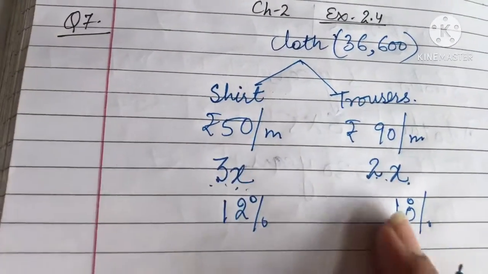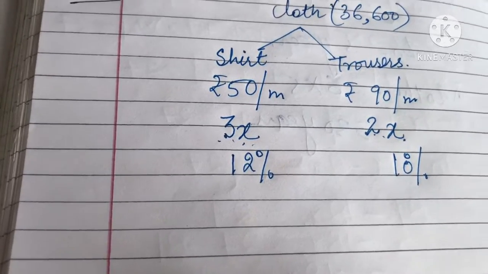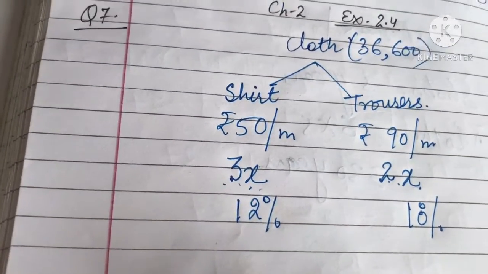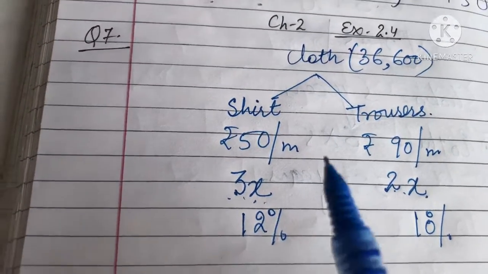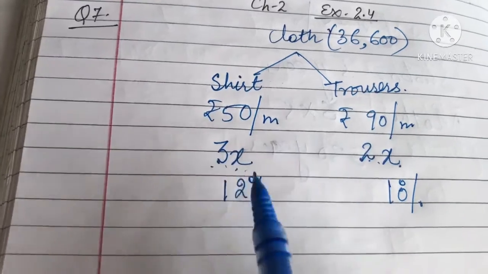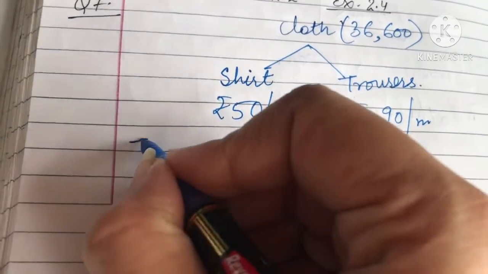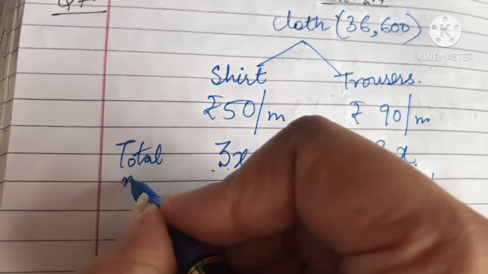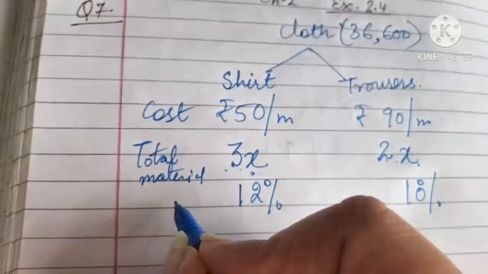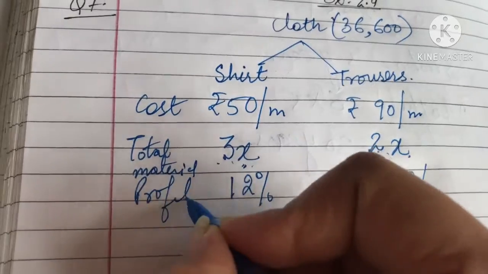Now using this information, we have to find the value of this x, that means how much trouser material he has bought. Okay. Now as we know that the shirt material is rupees 50 per meter and total material is 3x. This is the total material, this is the cost and this is the profit made by him.